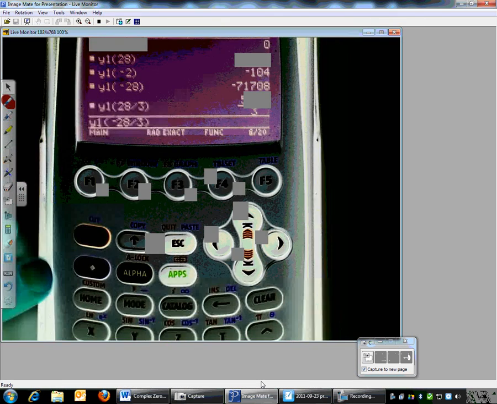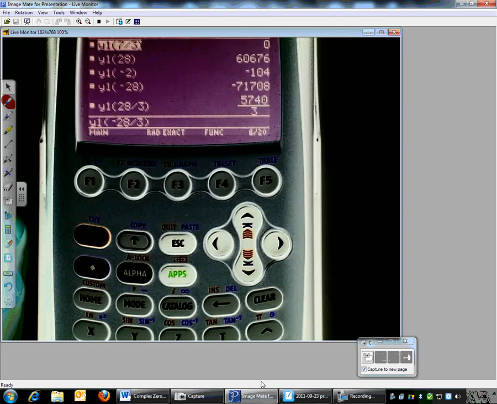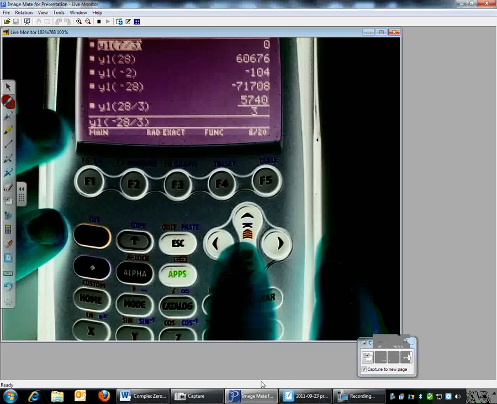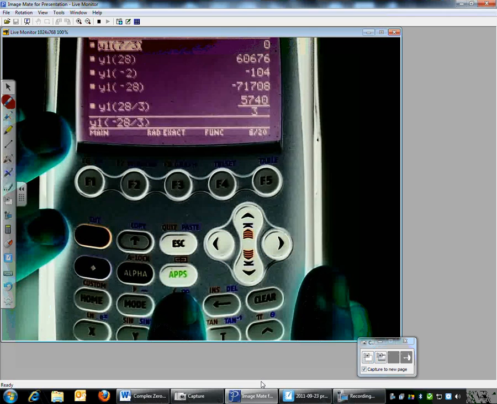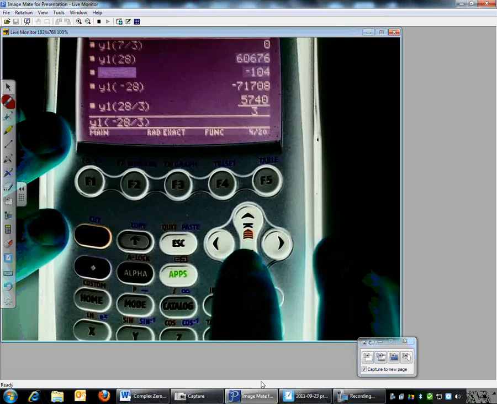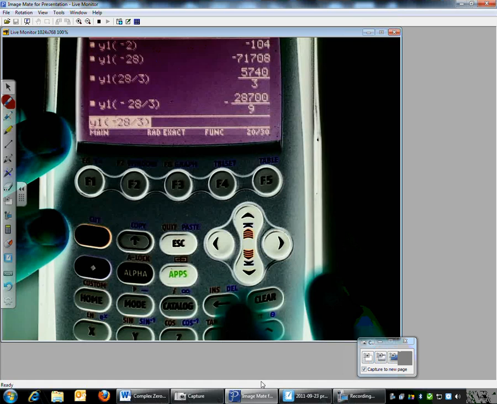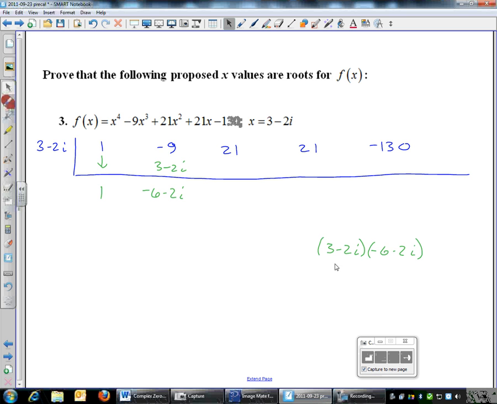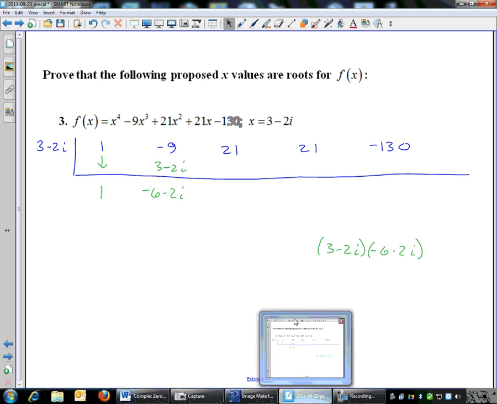Above the catalog right here under the apps, you'll see a little script. I forgot what it was. 3 minus 2i times negative 6 minus 2i. I'm going to punch that in. Go back to my calculator, show you what I just punched in.